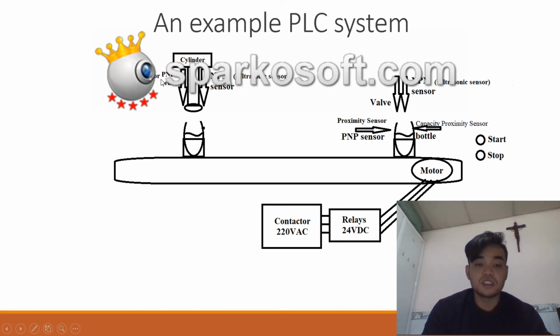The proximity sensor and PNP sensor will detect the bottle, then turn on the cylinder, and the cylinder will put the lid on the bottle. Then it runs continuously.